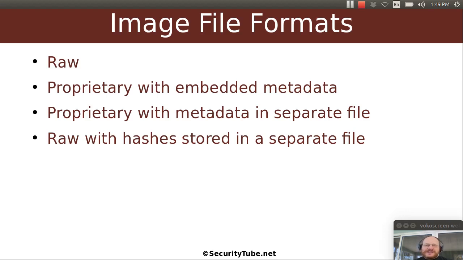Now, a little bit about hashes. You should always be hashing these images. We always will make an overall hash of the image. It's good to hash the subchunks of your image as well. Why would you want to do that? Well, there are a couple of reasons. If you have media that is potentially damaged, if one bit gets flipped on that entire 3 terabyte drive, the hash will come up different.